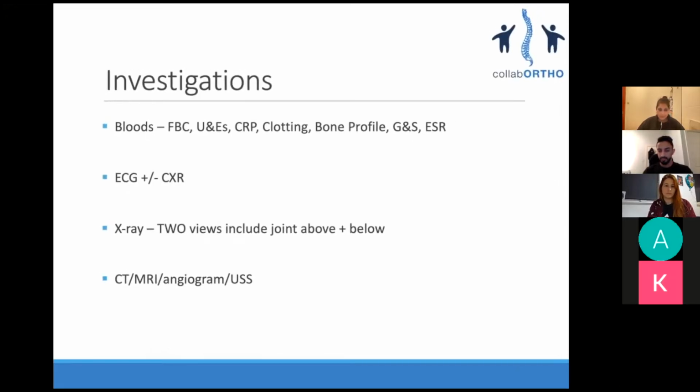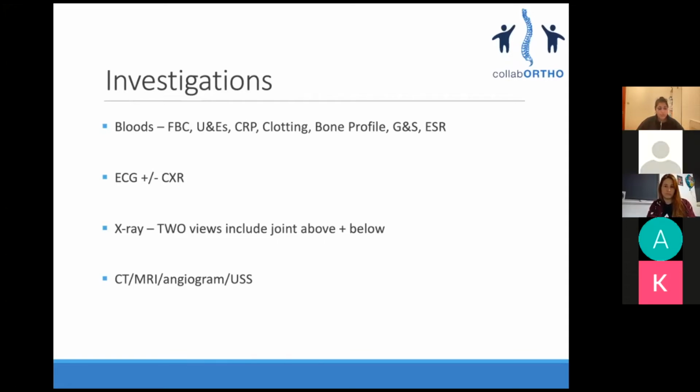Then move on to basic investigations. As with every other patient, you start off with your baseline bloods. It's always a good idea to include clotting and group and save in case the patient needs to go to theatre. Depending on their age and other symptoms, the patient may need a chest x-ray. But more importantly for orthopedics, we need basic x-rays.